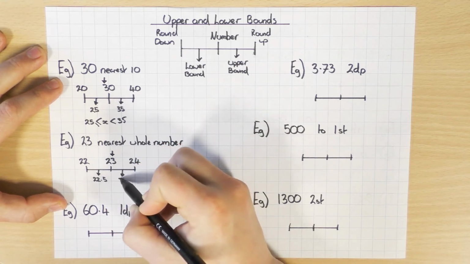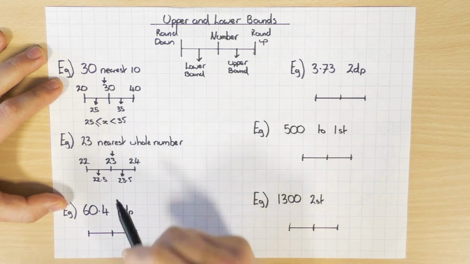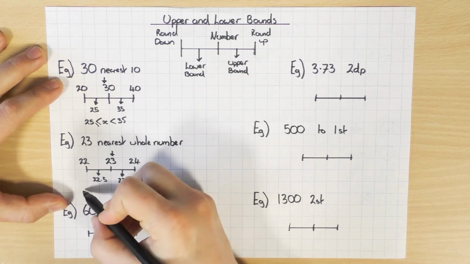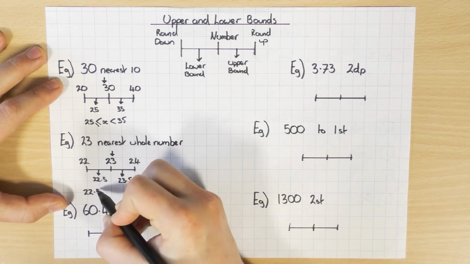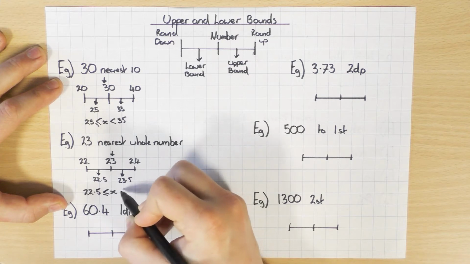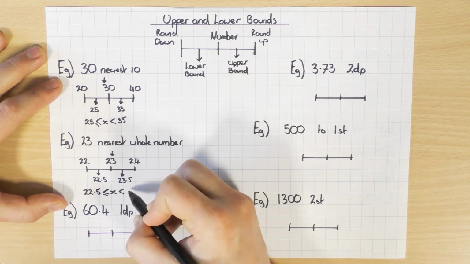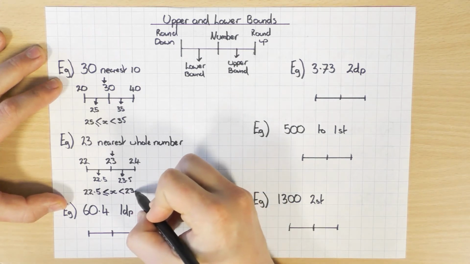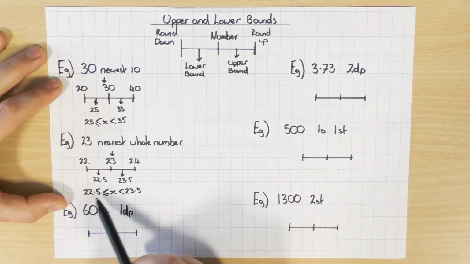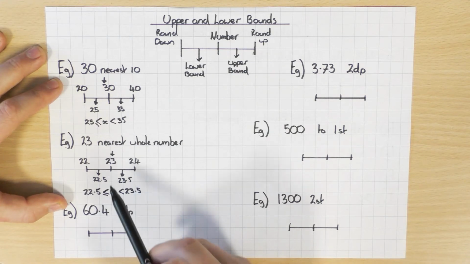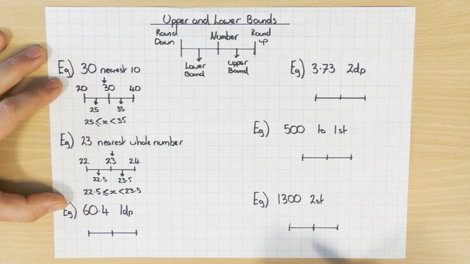Going in the middle would be 23.5. So lower bound, upper bound, and again, writing it as an error interval, I would have 22.5 is less than or equal to x, and x is less than 23.5. So the error interval here, any number in between 22.5 and 23.5 will round to the 23.